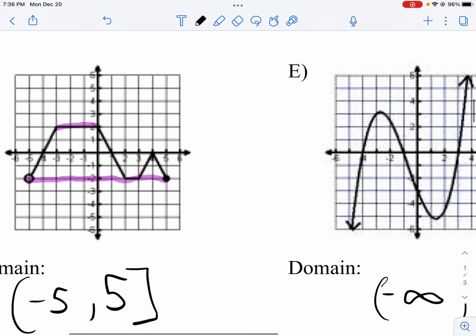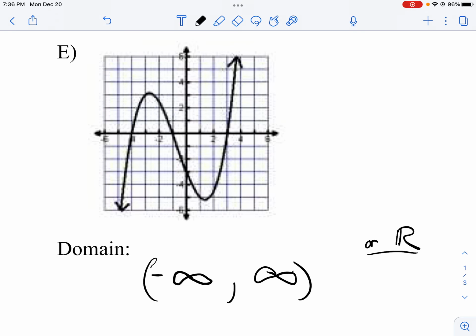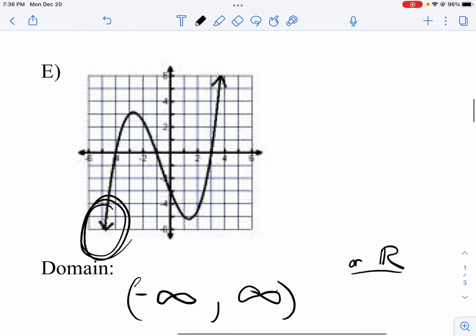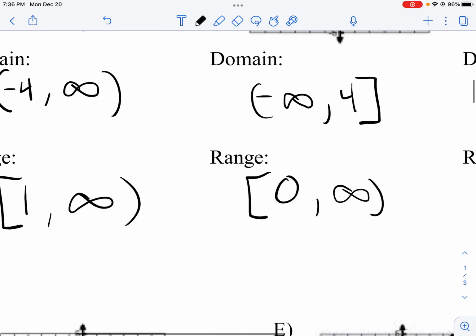One last one. The smallest point on the graph, well, some of you might be tempted to look here for your smallest point, but this arrow actually tells you the smallest point. That arrow tells us that you're continuing forever in the negative direction, meaning that you will eventually hit negative infinity. Range is not dependent on what you see on the graph.